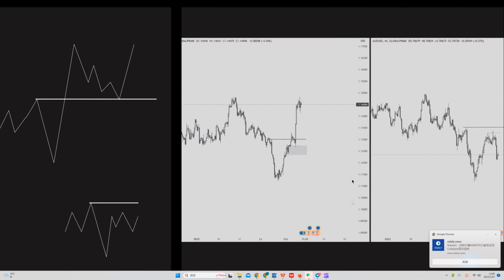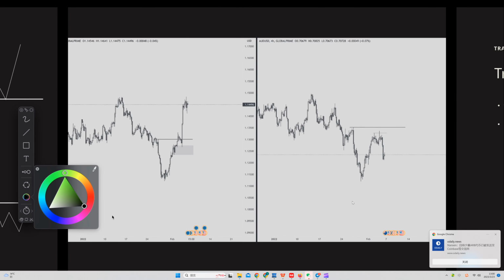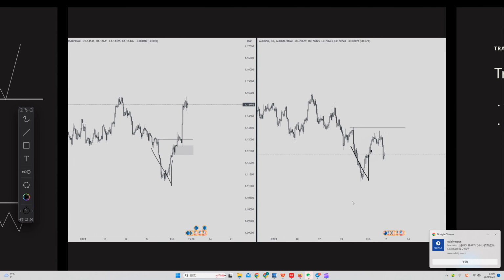So looking at the chart, this is the Euro USD, and this is the AUD USD, two quite highly correlated pairs, but you can see that both of them had this kind of V bottom, but Euro really broke this high that made this low, broke the structure again.